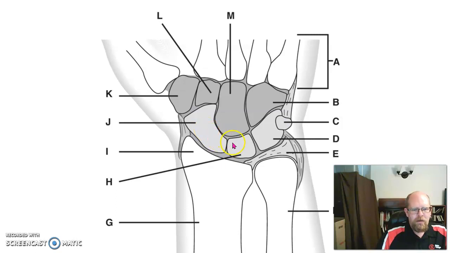Scaphoid, lunate, triquetrum, pisiform, hamate, capitate, trapezoid, trapezium. So long top part, here comes the thumb.